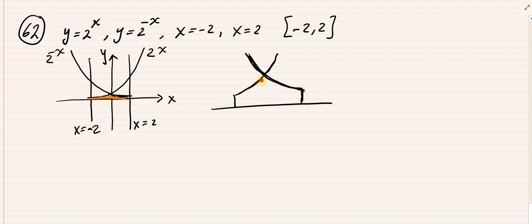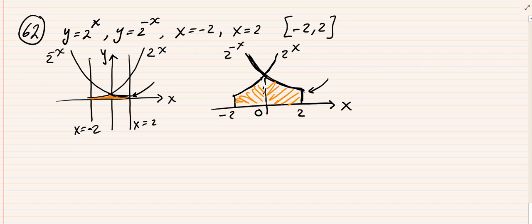Okay, so this is my y-axis. Here's x. That part sits above the x-axis. Same thing for the other one. Negative 2 and 2. So again, we want this region, which we can use symmetry to get.